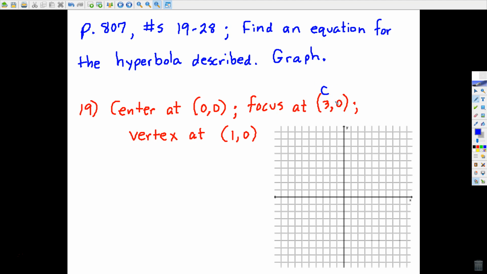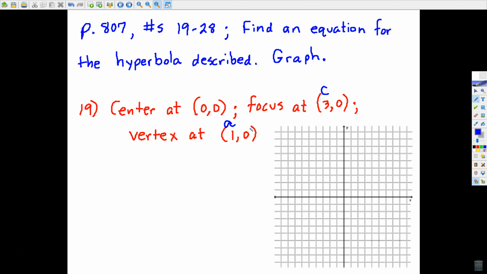It's 3 units, in this case, from the center to each of our focal points. We're only given one focus, but there's actually 2, and they're both the same distance away from the center. So if you like, you can always label whatever the focus is, that number, as c, and vertices, just like ellipses, are always labeled as a.